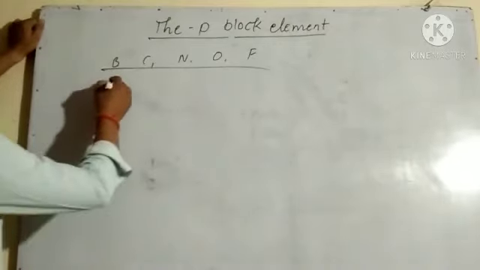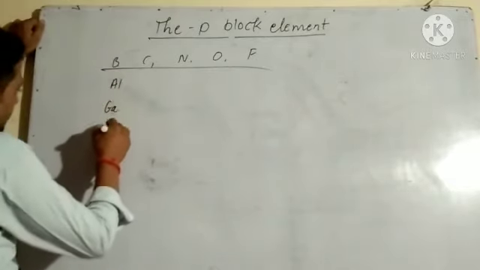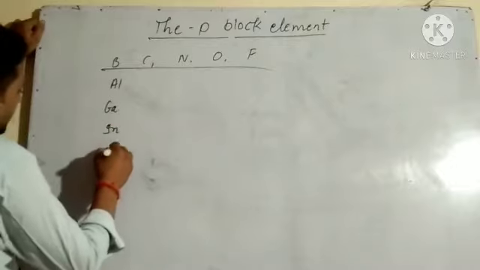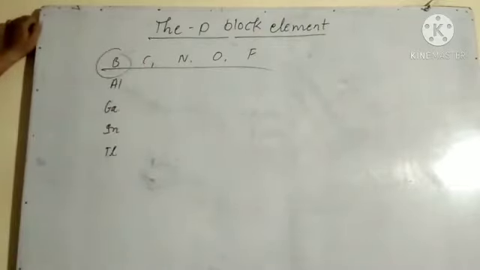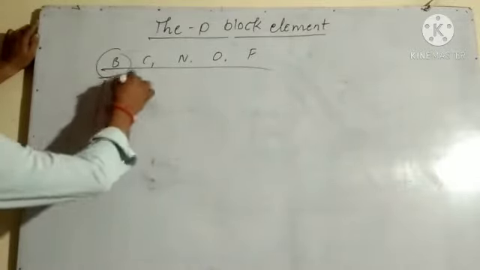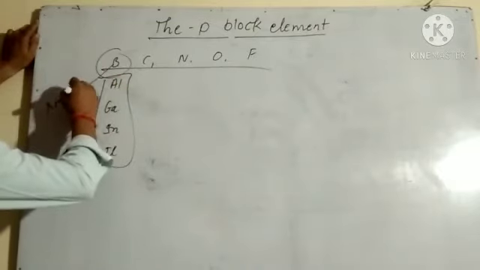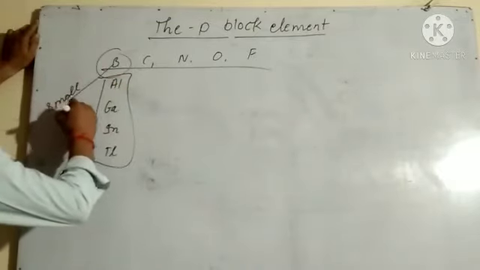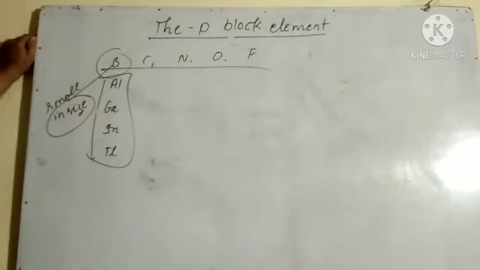Like this, aluminium, gallium, indium and thallium show different behavior from these elements due to small size. Being small in size, they show different behavior from other elements.